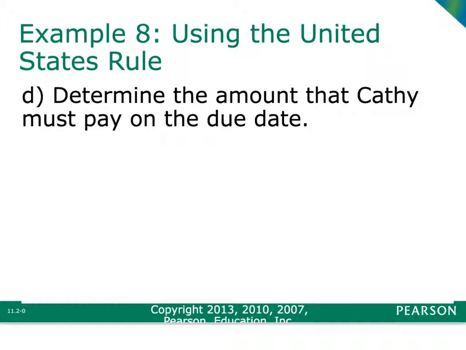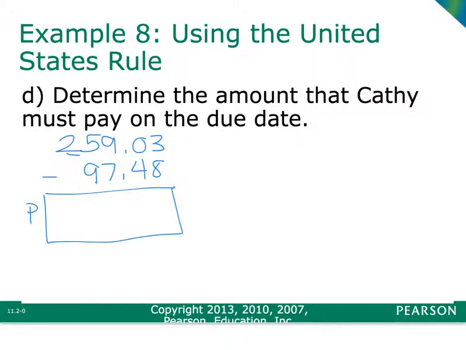And question D, determine the amount that Kathy must pay on the due date. Okay, so remember the last time we calculated her principal, it was $259.03, but we paid $97.48 to that amount. So if we do a subtraction, we'll get her new principal amount.